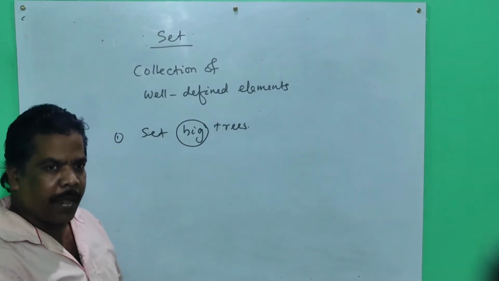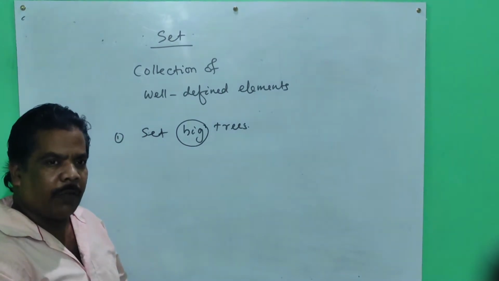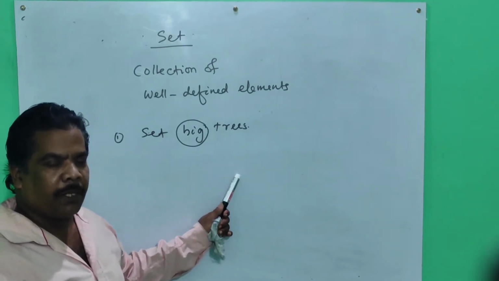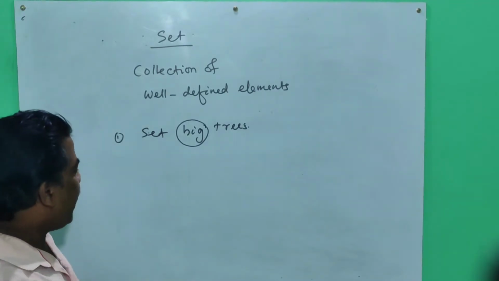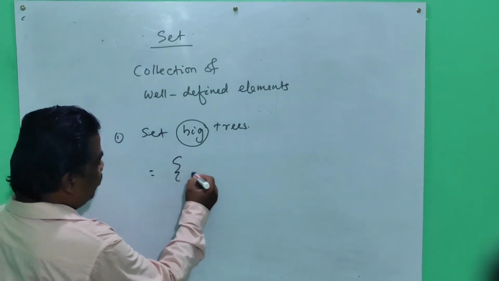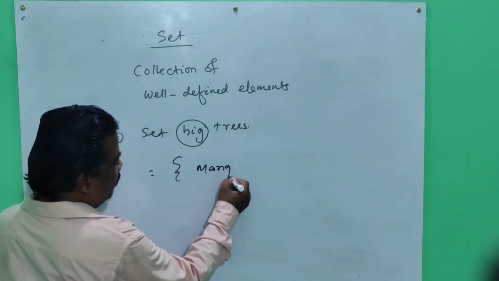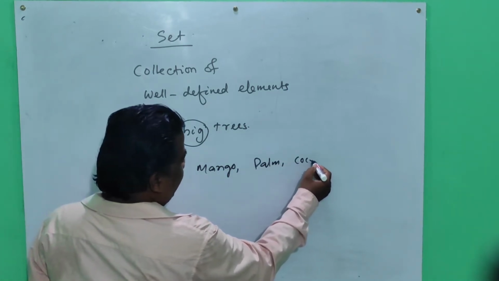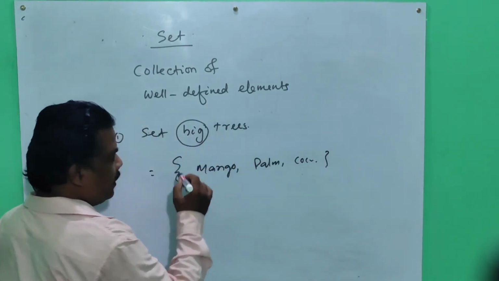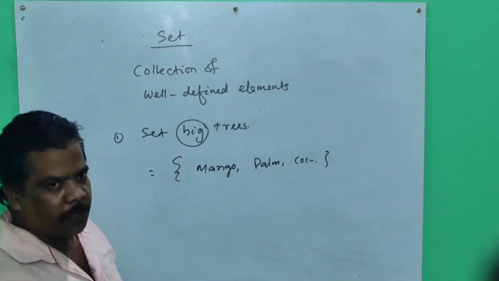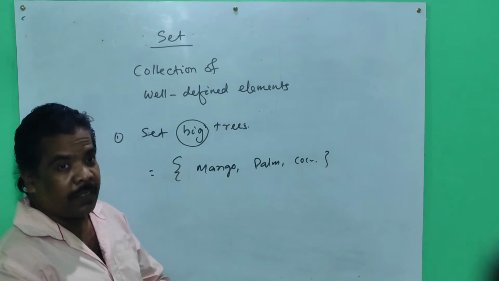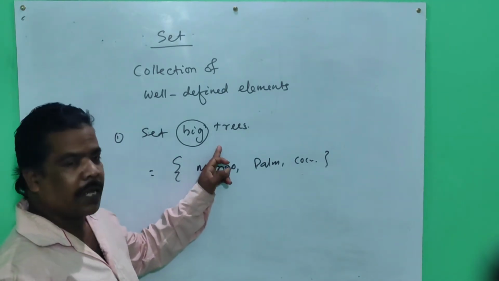Can you say the mango is a big tree? Can you say the coconut is a big tree? Can you say the palm is a big tree? If you write the mango tree, palm tree and coconut tree as elements of the set of big trees, it is false, since the word big is not well defined. Big is not given by the question.